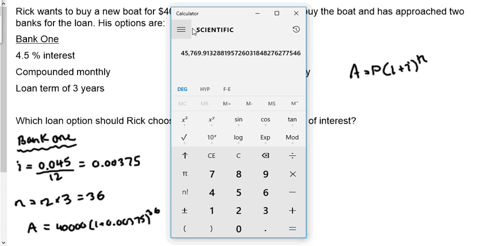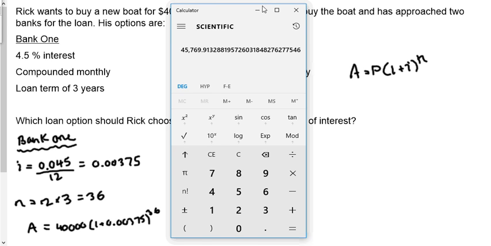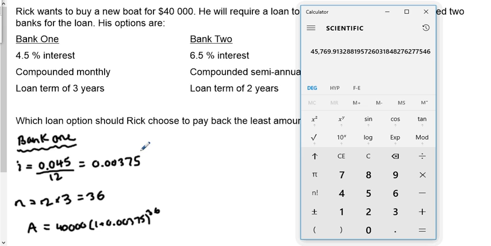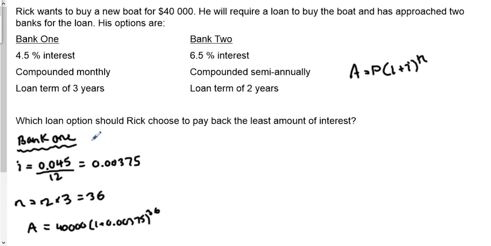So for Bank 1, we had to pay back $45,769.91. So let's look at Bank 2.